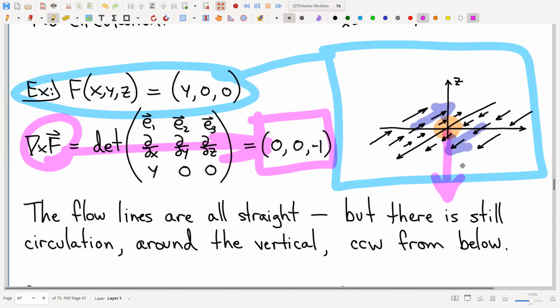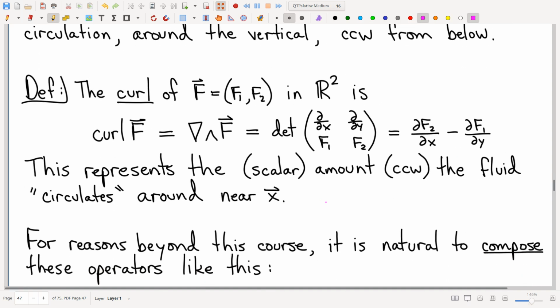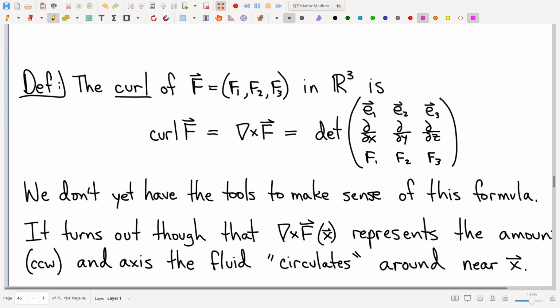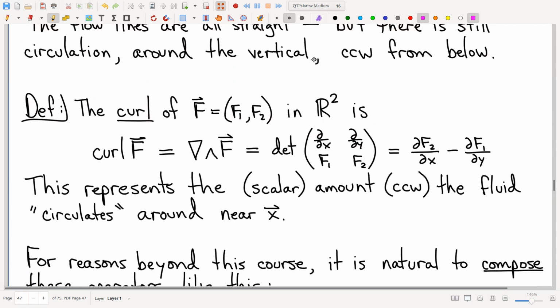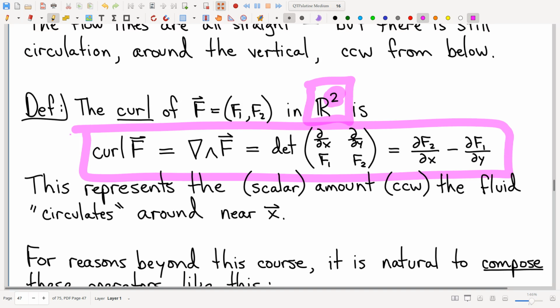Okay. All right. There's a two-dimensional curl. By the way, just to be clear, I hope it was, yeah, I did write it down. This formula that we have right here is specifically for 3 dimensions. There is also a two-dimensional curl. Here it is. Two-dimensional curl is defined by this formula right there.